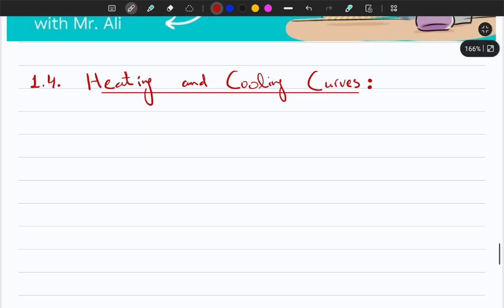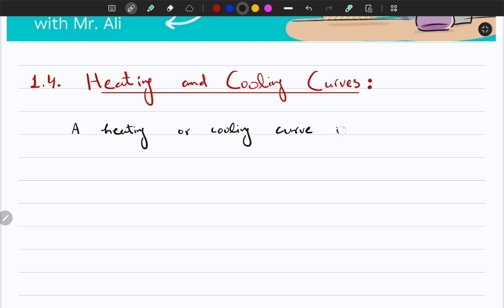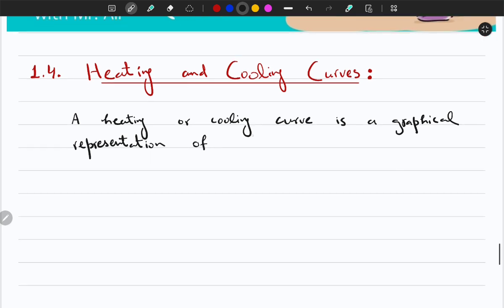So what do I mean by heating curve or cooling curve? What is that? So a heating curve or maybe a cooling curve is basically a graphical representation of changes in a substance, any substance.